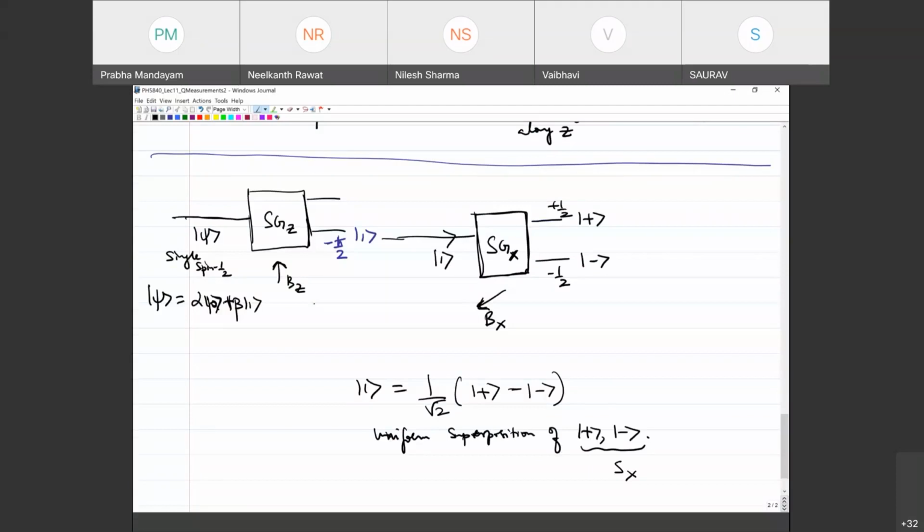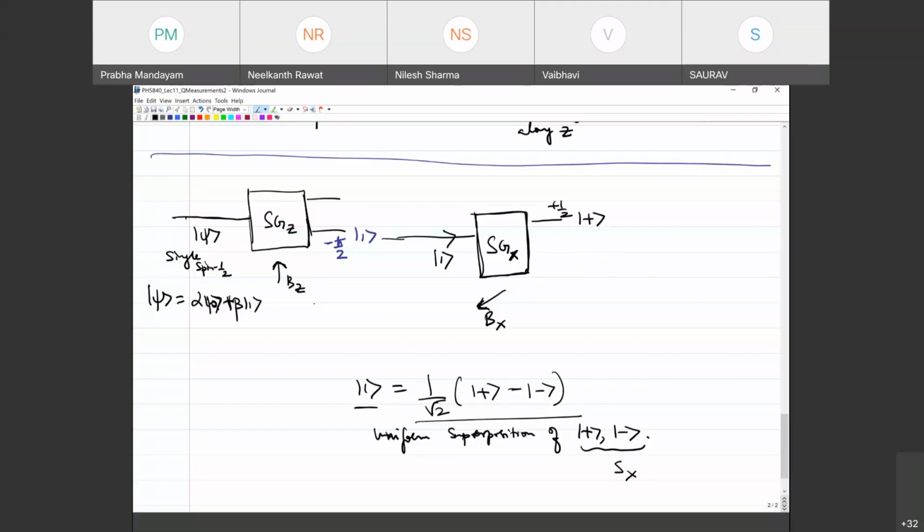So these are superpositions of two states which have distinct values of spin along X. What you started with as the input was a state which has a distinct value of spin along Z, namely minus h bar by 2. But now this has collapsed down to either this or this. Let's say that now we get the plus state, okay? It could collapse to either, because it's a uniform superposition, in fact equally likely to collapse to plus half along X or minus half along X. Now comes the fun part.